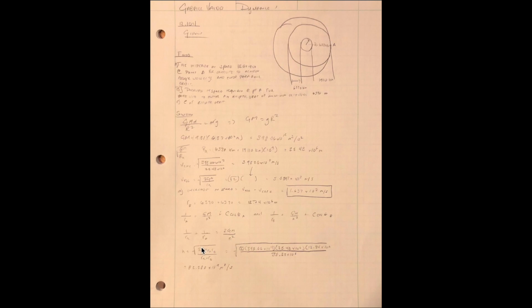And solve for H, and then plug in our knowns, and we get that our H is 82.28 times 10 to the 9 meters squared per second. And then we plug it into the equation of VA equals H over RA, and we get that our velocity of A is going to be 3.22 times 10 to the 3 meters per second.